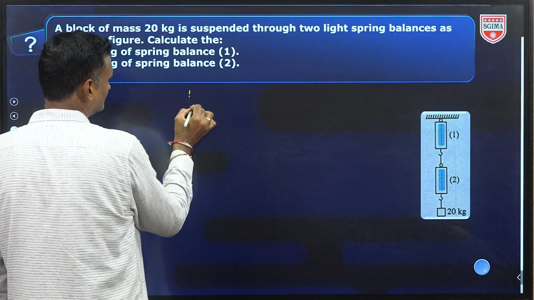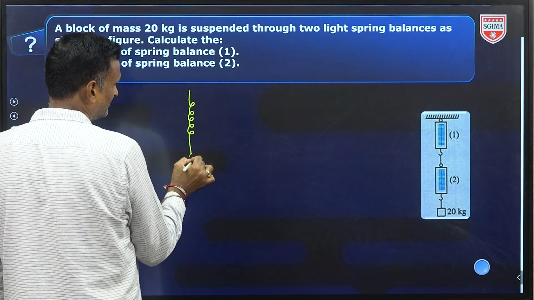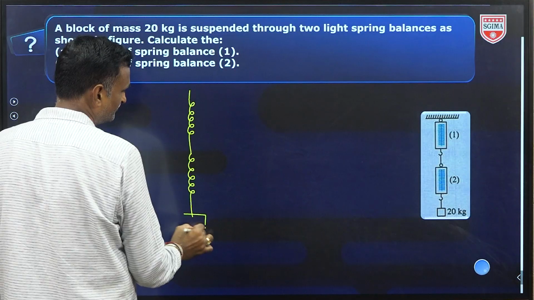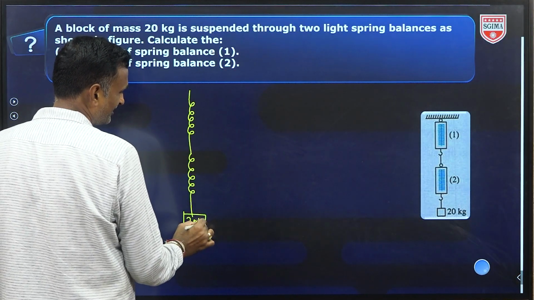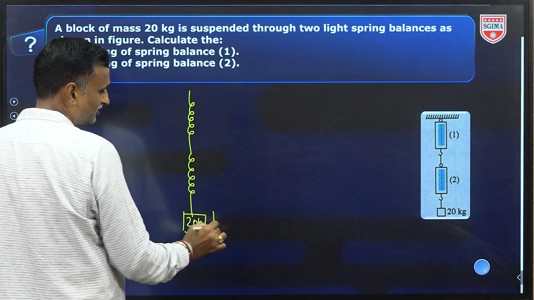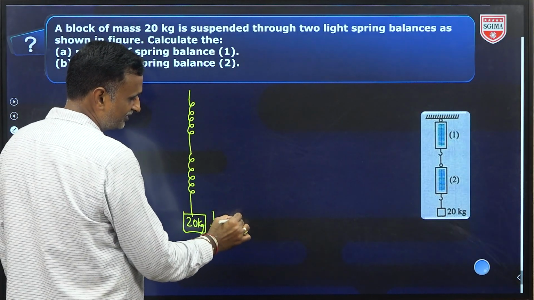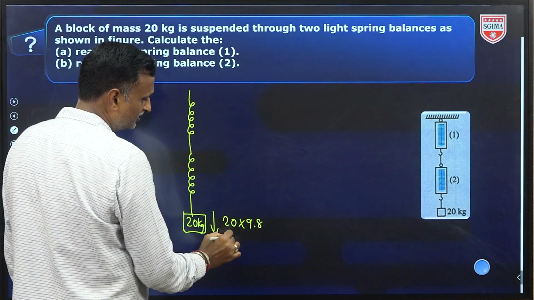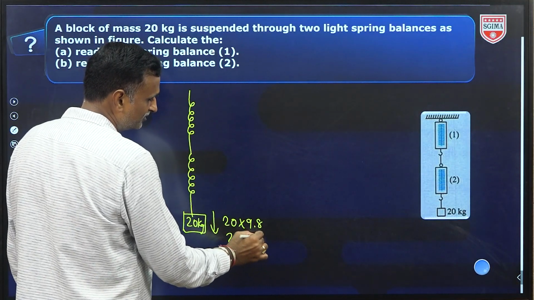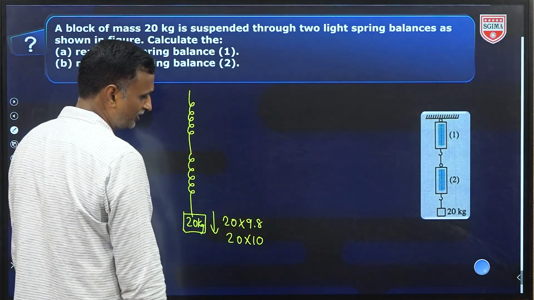So here you can find this is spring 1, next to this is spring 2, and it is connected with 20 kg, and whatever force is exerted is 20 into 9.8, otherwise approximately we can write 20 into 10, whichever you take.